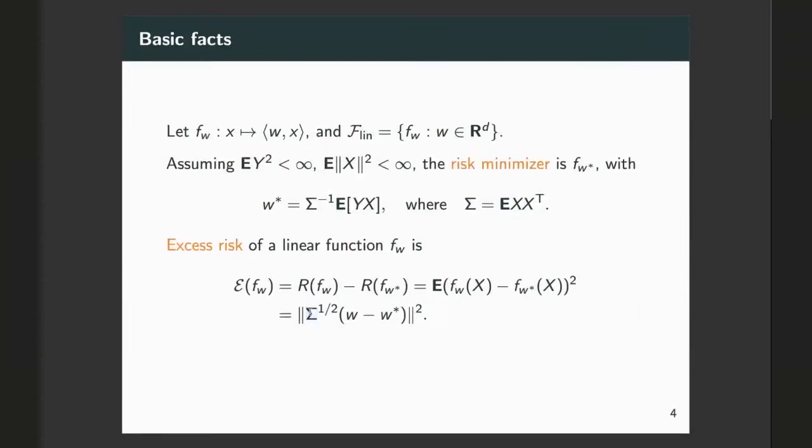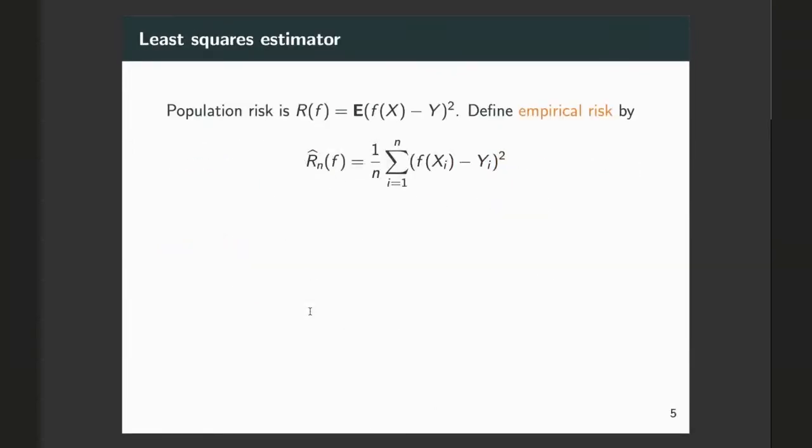Since we don't know the distribution P, we don't know the population risk minimizer, which is what we try to approximate. But what we do have is an IID sample, and from this IID sample we can define the empirical risk, the average risk on the sample.